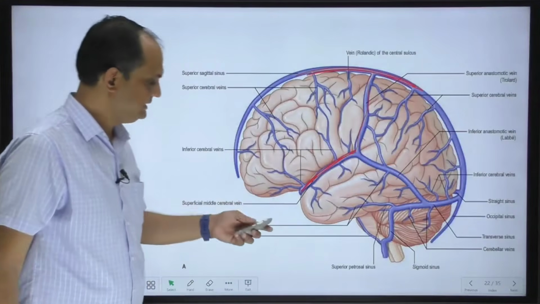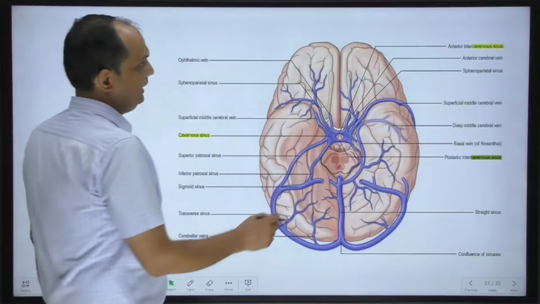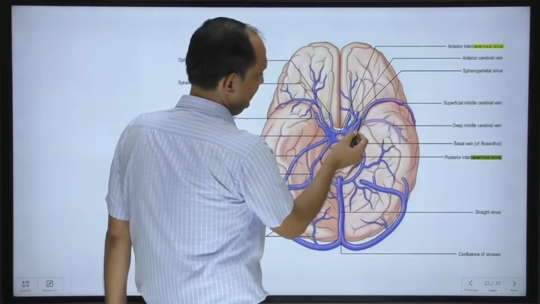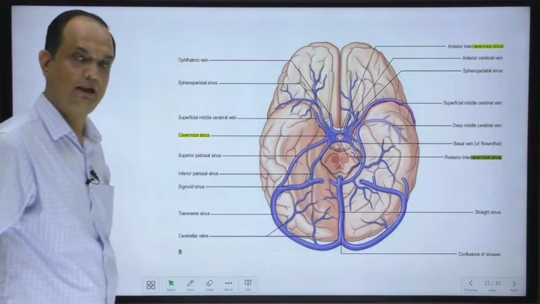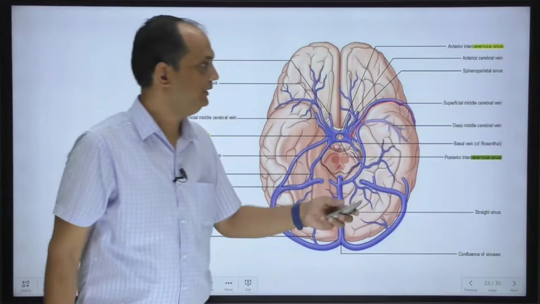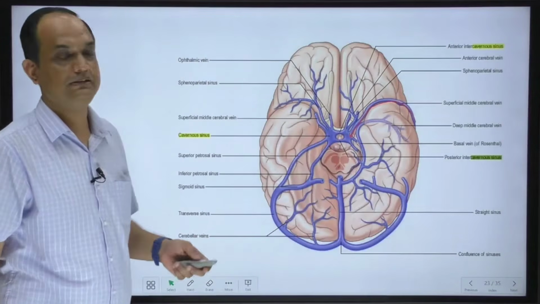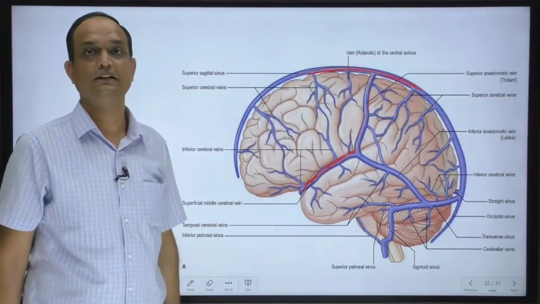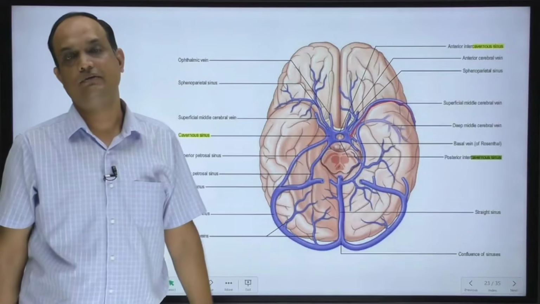But when you see the inferior surface of the brain, you will appreciate that this superficial middle cerebral vein is ultimately draining into the cavernous sinus. Clear? So this is the superficial middle cerebral vein. It also has communication with the superior sagittal sinus, and it is directly draining into the cavernous sinus.